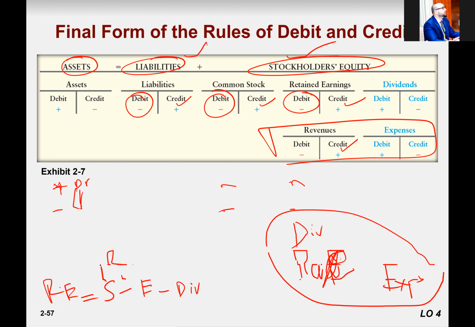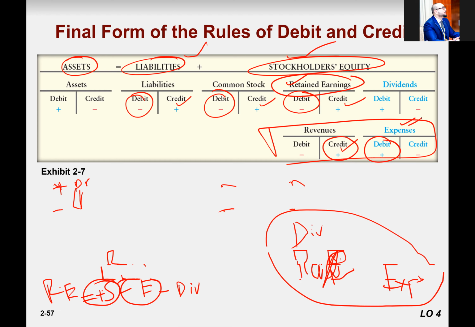Revenue increases the retained earning, so increase in retained earning by revenue means credit. Expenses decrease the retained earning, and decreasing the retained earning is debit. So if expenses increase, they are decreasing retained earnings, so they should be debited.